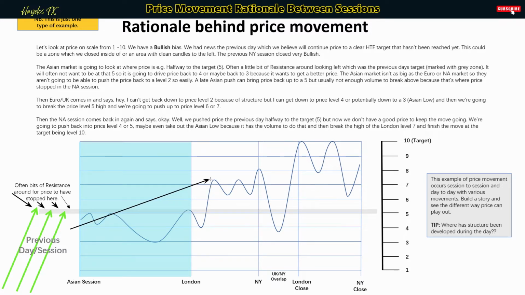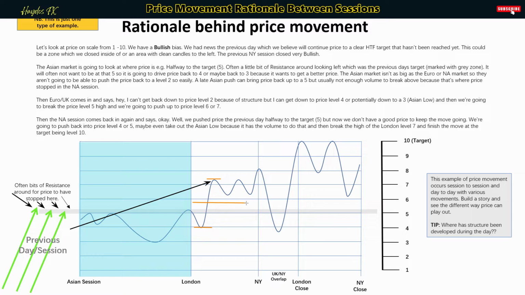Then price will start to consolidate towards the end of this late London open. This can be quite a decent move here. If you're trading, say, in UK time between 10:30 to midday UK time, one of the plays that I'll often see is that I'll measure from the low of the London session to the high of the London session, and I'll get a 50% mark.